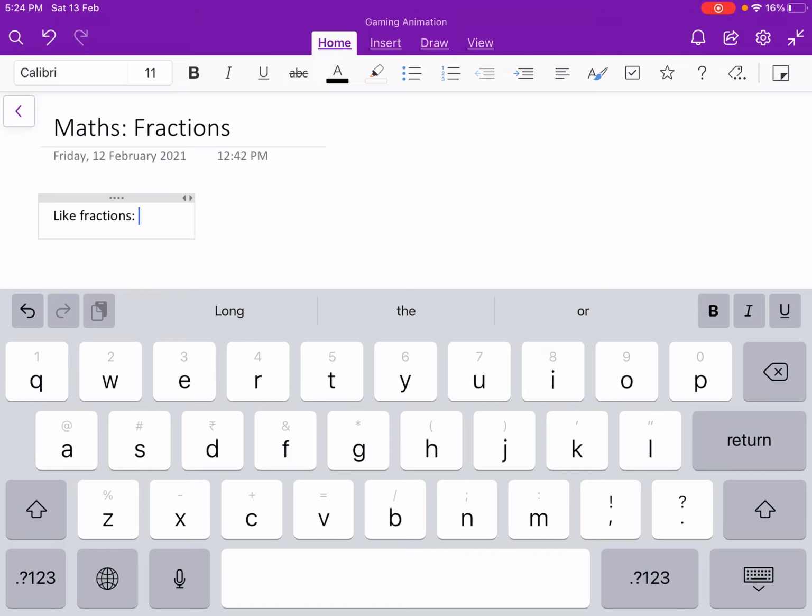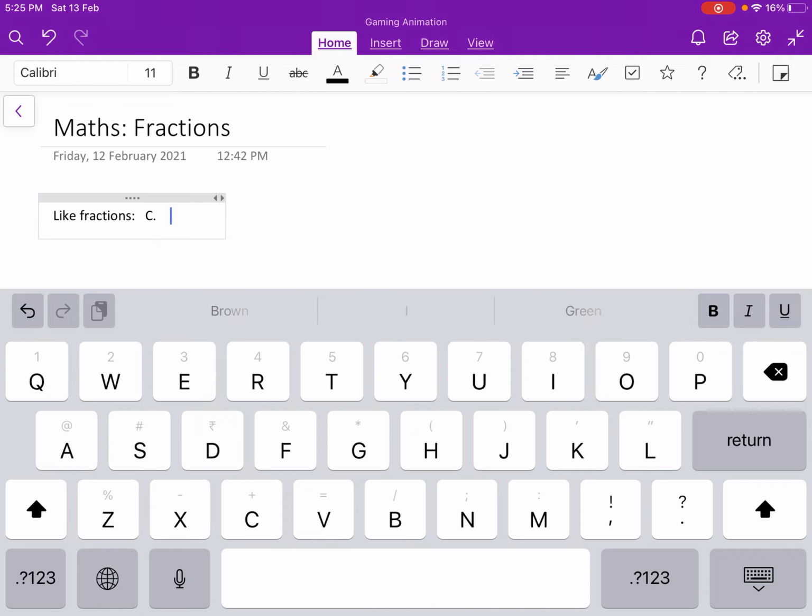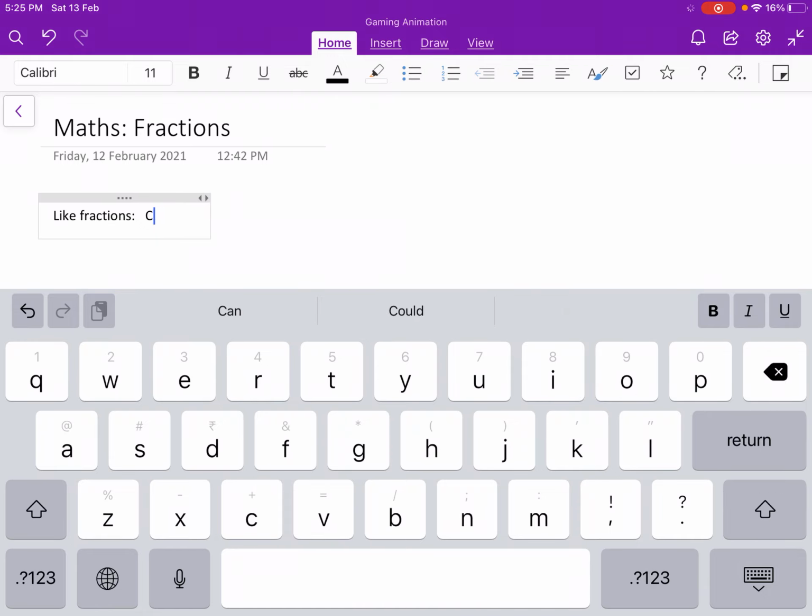Like fractions are something which have the same denominator. You must know denominator, right? Okay, you don't know? Okay, so fractions which have the same denominator are called like fractions.